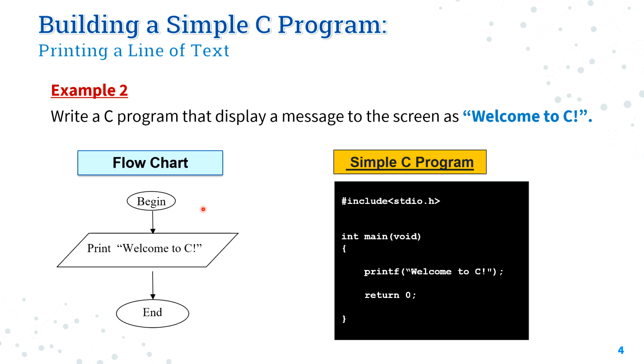This simple logic is represented using a flowchart, which visually shows the program starting, printing the message, and then ending. This reinforces an important habit in programming, that you need to always think about the logic first, then you can write the code. So this shows the simple C program code based on the logic that you draw through the flowchart.